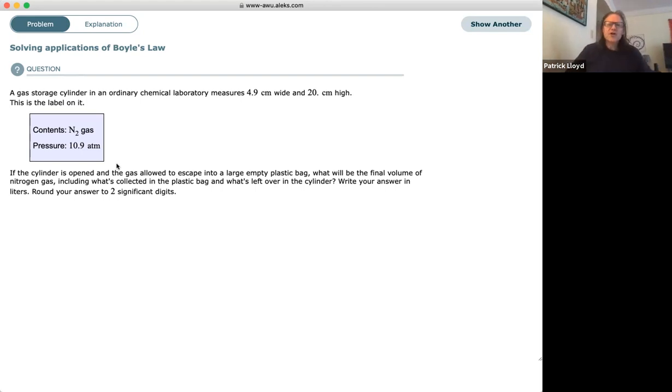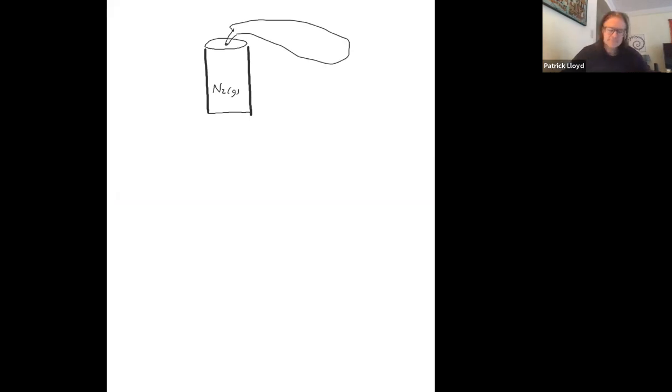Okay, we're starting with a cylinder, and this has the nitrogen gas in it. Let me put some of these numbers in here.